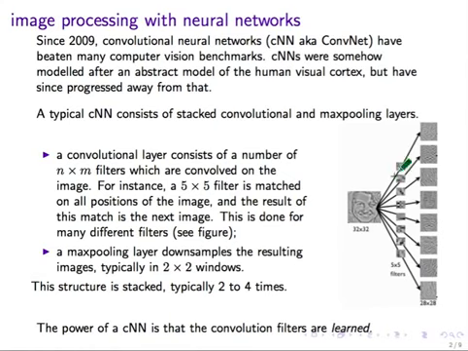Each filter is matched on the original image from top left to bottom right. The resulting match leads to a new image for each filter. This is done for all filters in that layer as is shown in this figure.